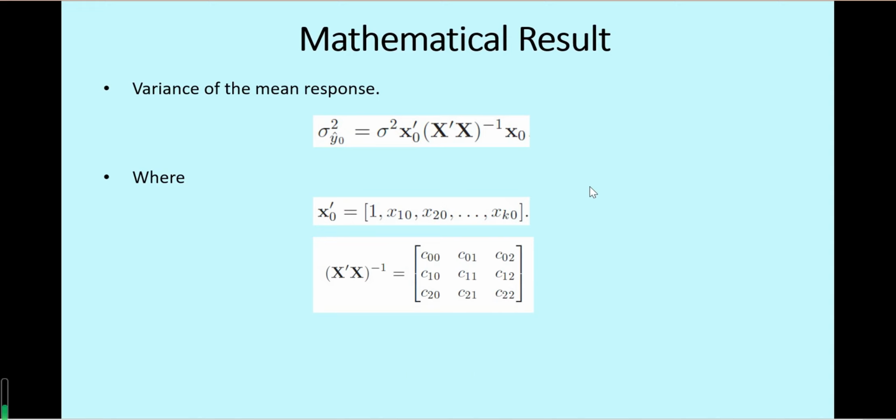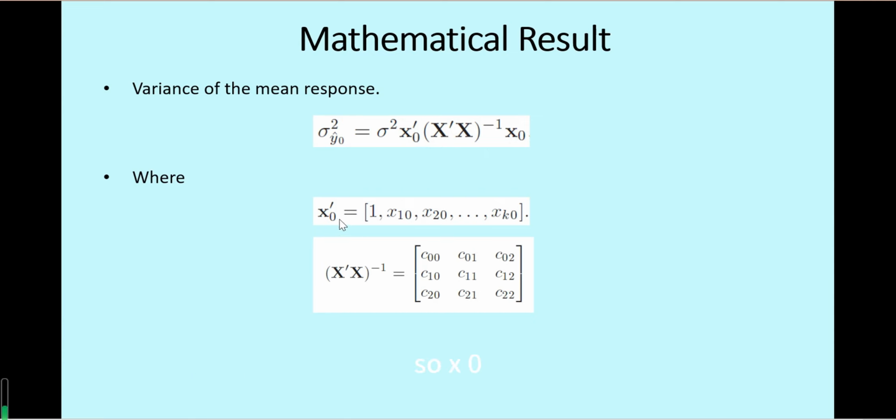And some mathematical results of this topic: for the mean variable y, which we call y hat, there is a variance. This variance equals the epsilon's variance, the random term's variance, or sigma square, times this term. This term comes from independent variables information.